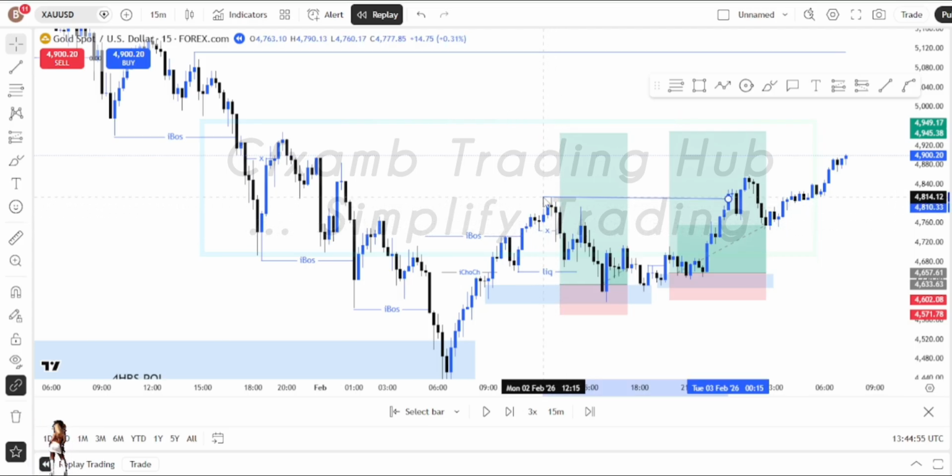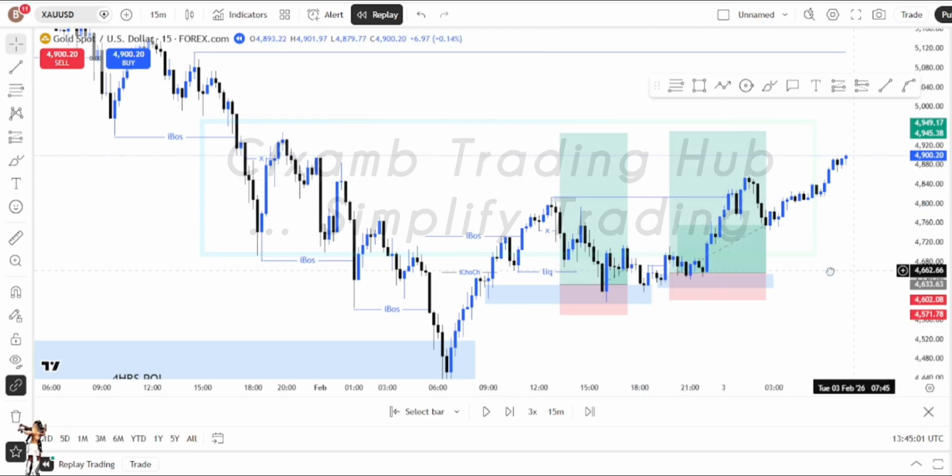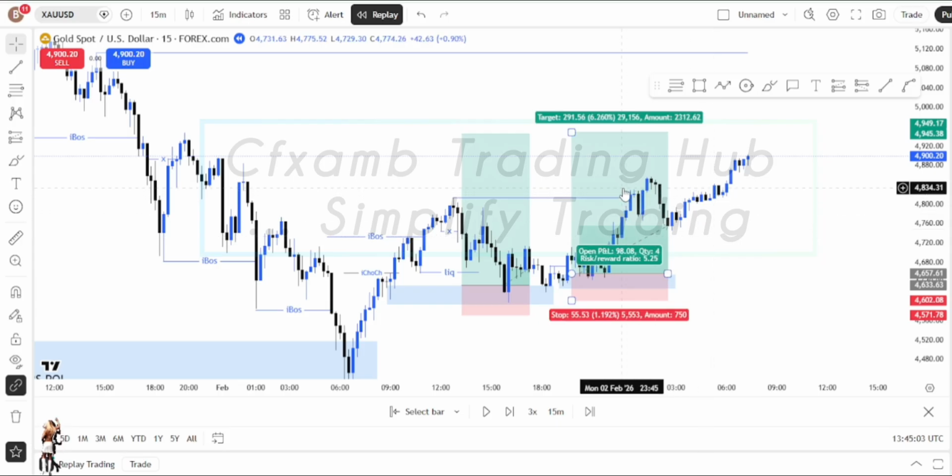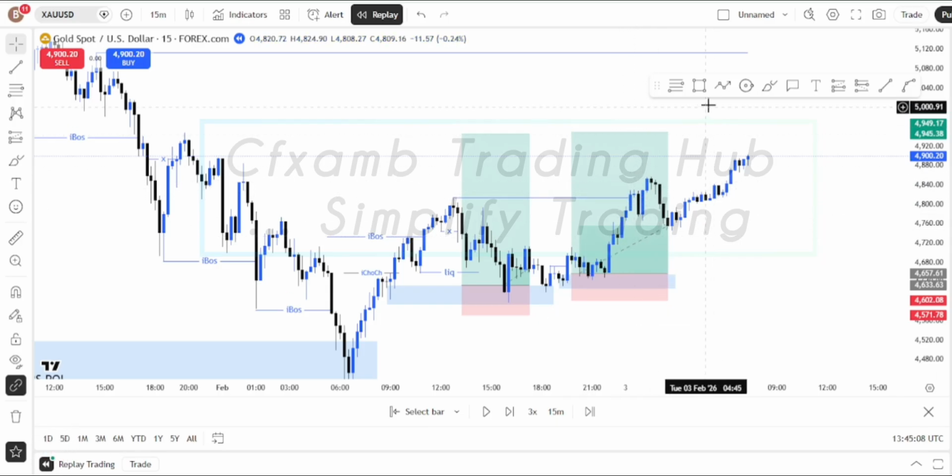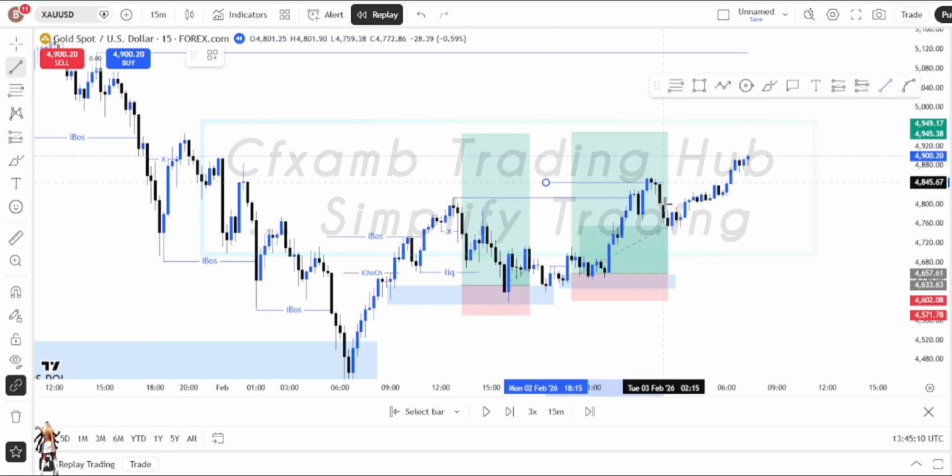This is our first high here. See that the market closed above that high, and we have a second candle close above this recent high again. Understand?